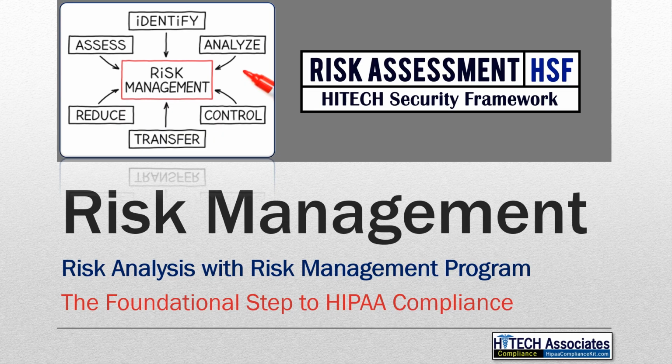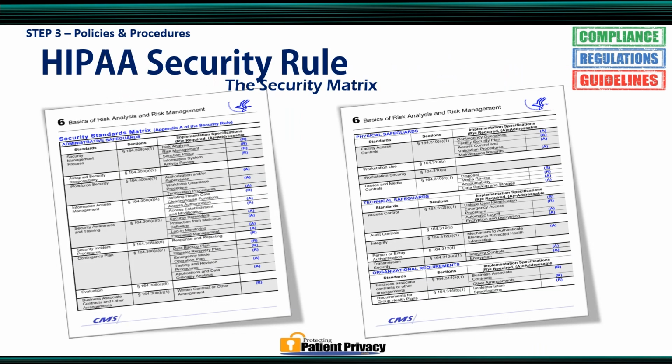When it comes to HIPAA security, it's all about risk management, making sure that we have put into place a system to review our security controls and training for our staff. HIPAA has a lot of security requirements that we must review and address. And again, they must be documented.